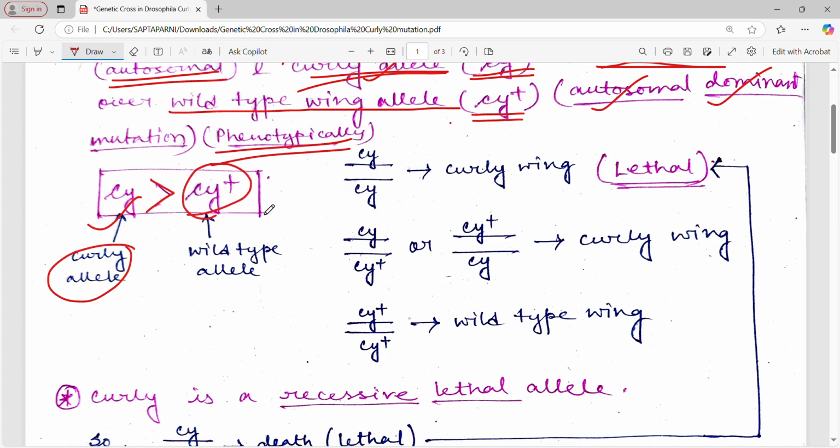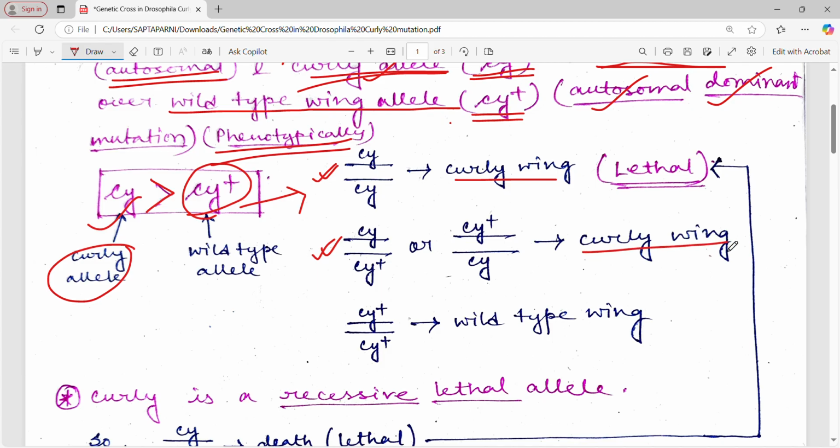So as Curly is a dominant allele, it will show Curly wing phenotypically in both homozygous and heterozygous conditions. So in the Cy Cy condition it should show Curly wing, and in the Cy Cy plus or Cy plus Cy condition it should also show Curly wing.